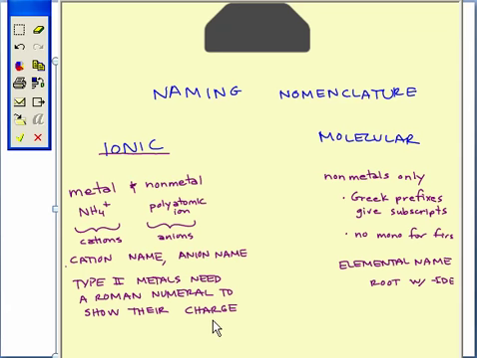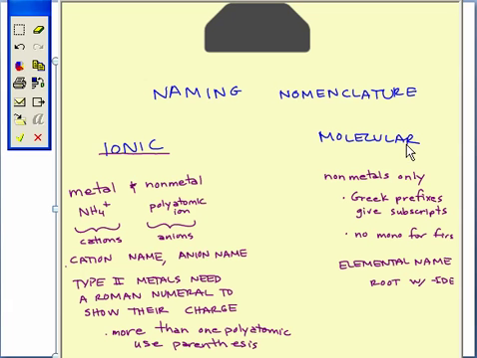So you must show their charge as a Roman numeral if they are type 2 metals. Also, we want to remember, if we have more than one polyatomic in a formula, we use parentheses. So those are the key features of naming with ionic.